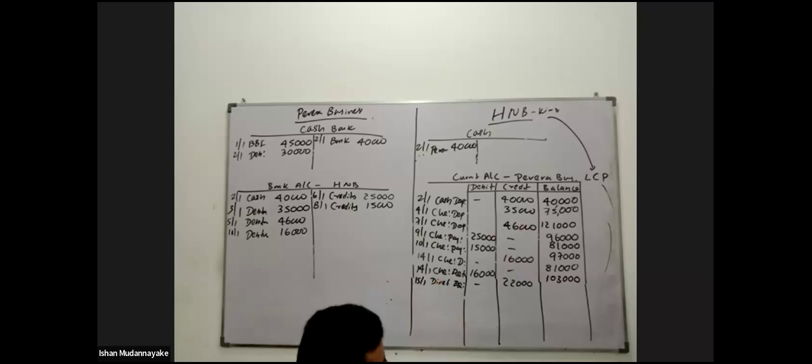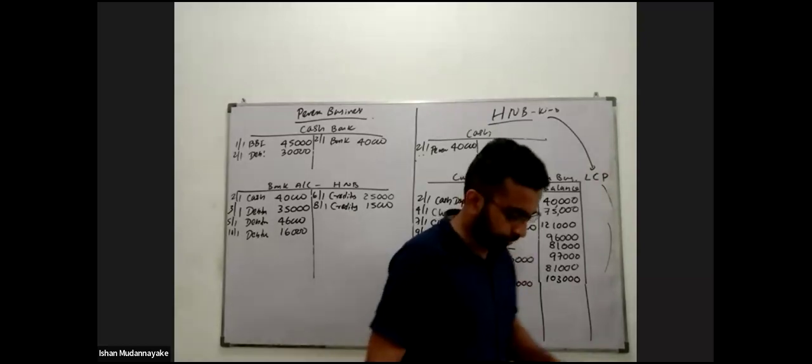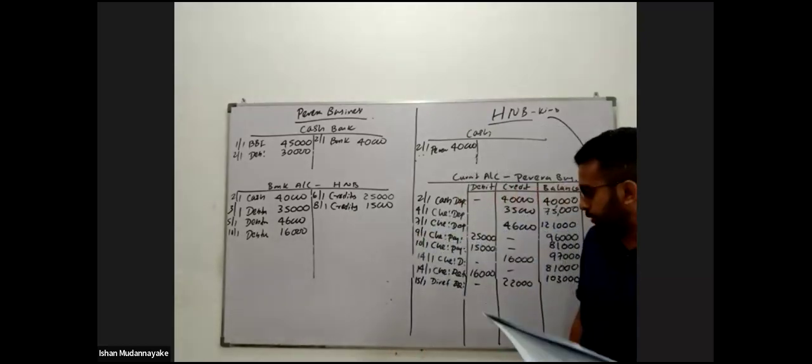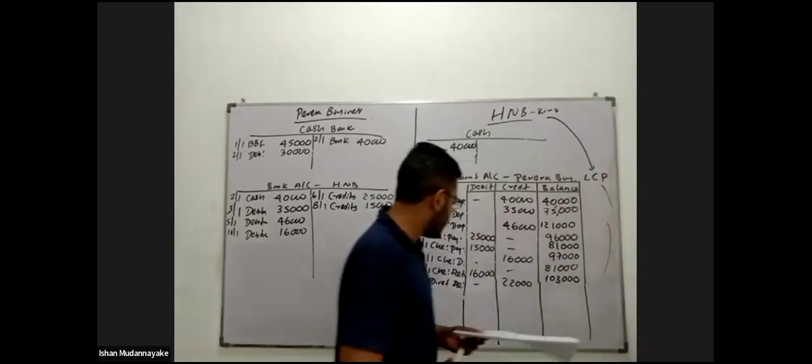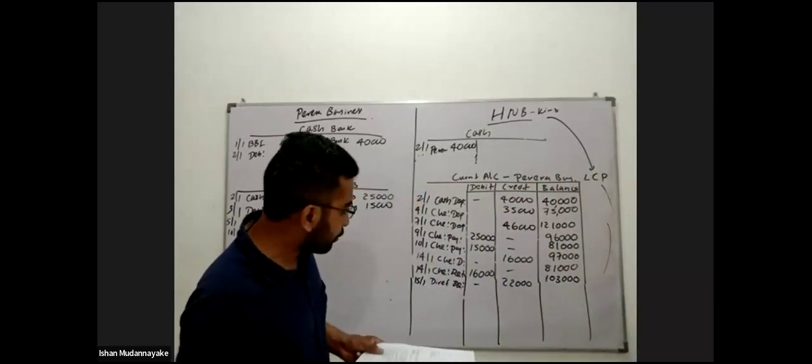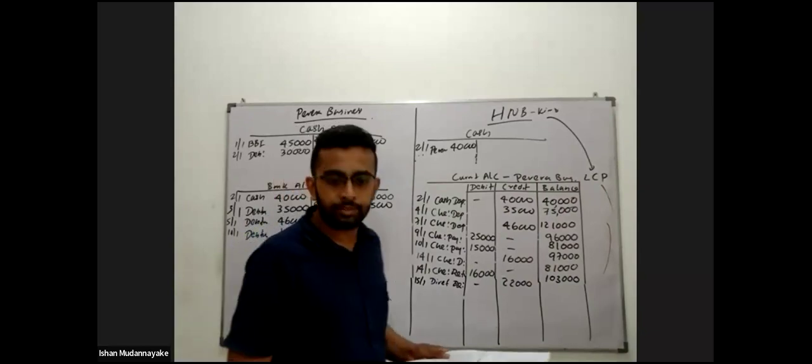After receiving that, he records these remittances in the adjusted bank account. Right, then my balance available now is how much? 81,000 plus 22,000, 103,000.